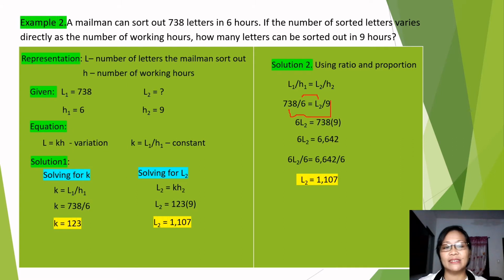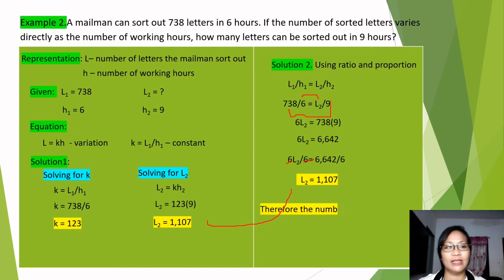Therefore, we have 6 L sub 2 divided by 6 is equal to 6,642 divided by 6. So cancel na natin si 6 and 6. Therefore, we have L sub 2 is equal to 6,642 divided by 6 is 1,107, which is the same with this one.